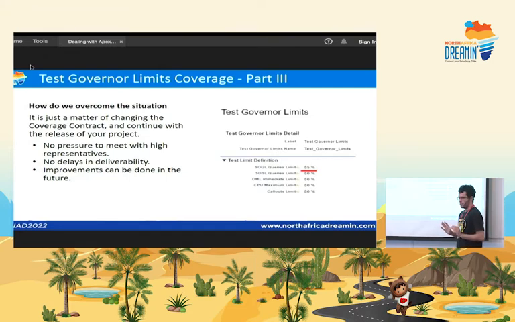But that's very difficult to happen sometimes. So if this solves your situation, we will not have any more pressure from the high representatives, the tech leads, the product, and so on. There will not be delays in deliverability, and the improvements to increase the performance, because we are really near the limit already, can be done in the future.